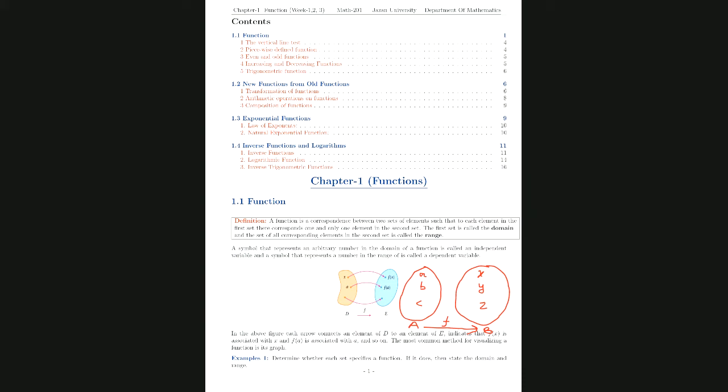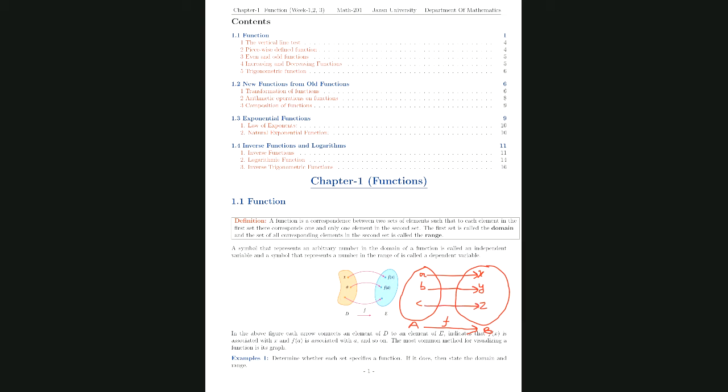So suppose input A goes to X, input B goes to output Y, and input C goes to output Z. Now look over here.